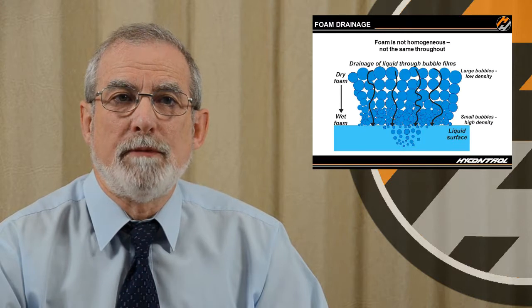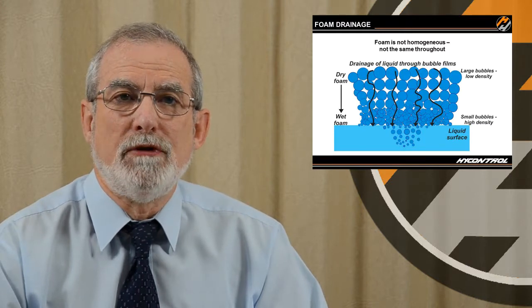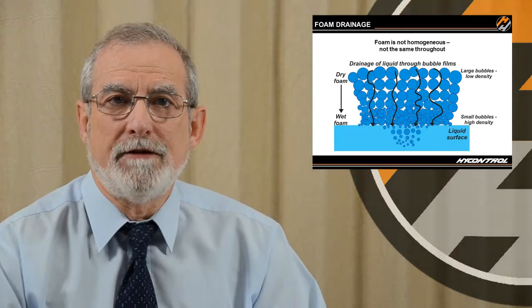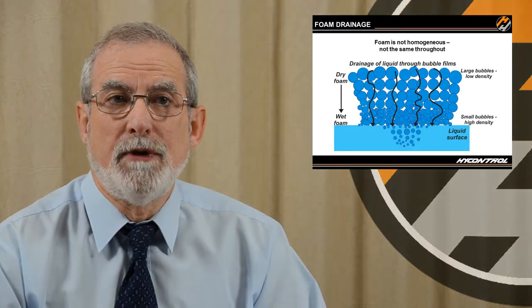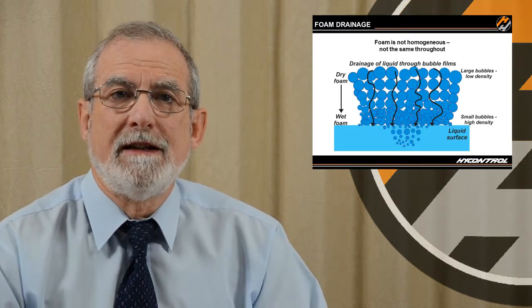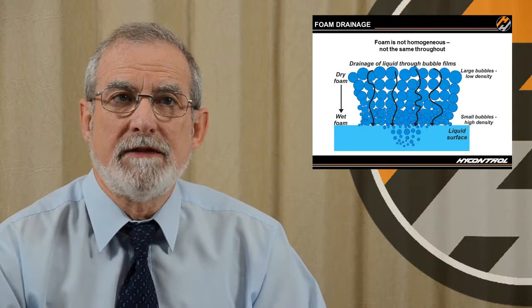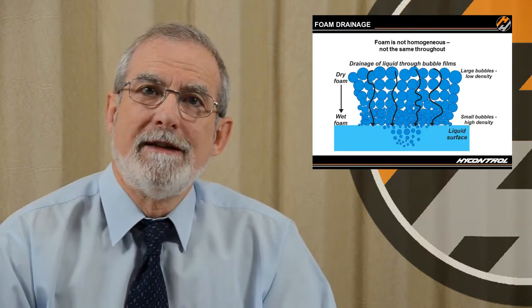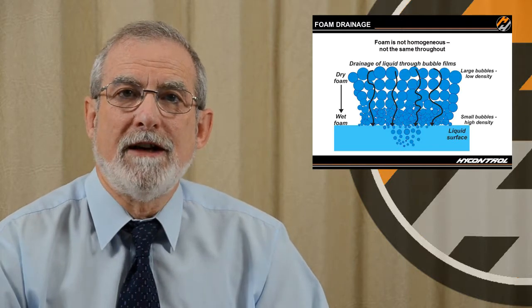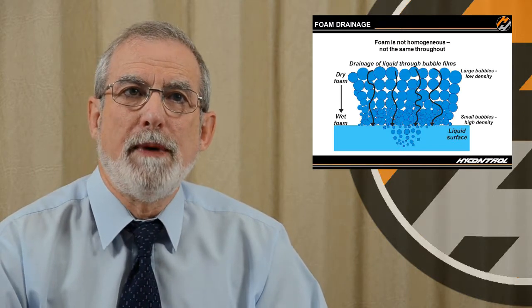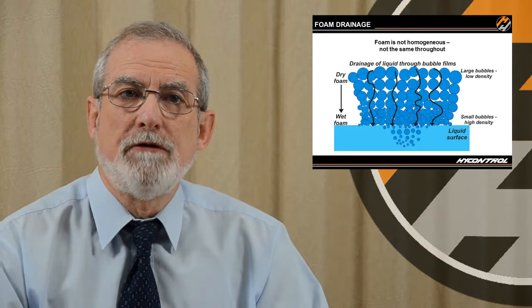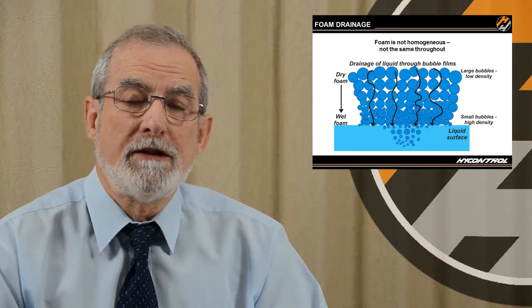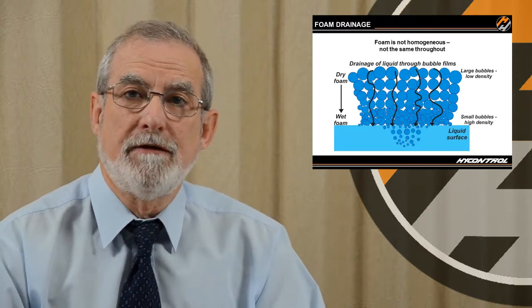As the large bubbles are draining out and breaking and the water's running down through the foam, at the bottom of the liquid surface, it's wet and dense foam. At the top of the liquid surface, it's drier foam, and the bubbles are larger, it's harder to detect. So depending on where we measure in the foam column, we actually can measure something a bit different.